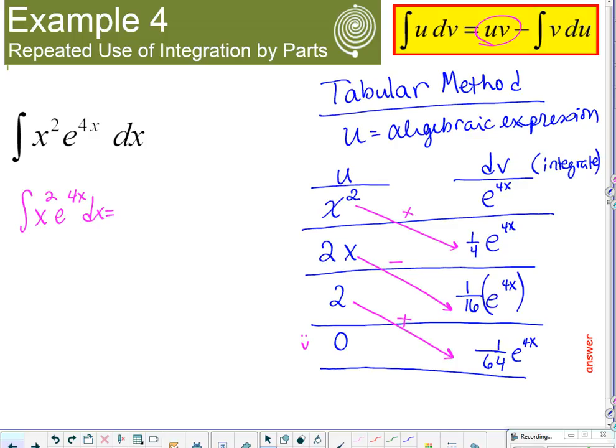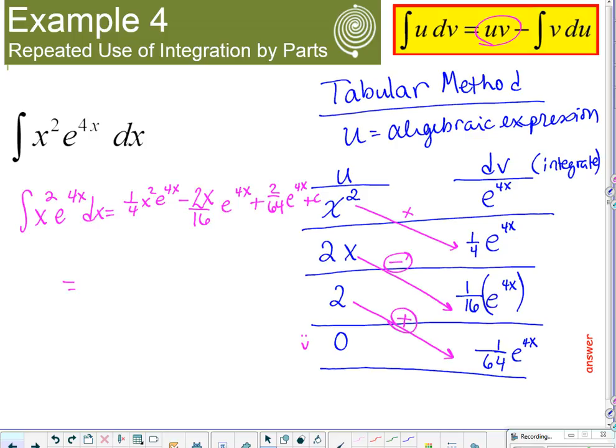This equals 1/4 x squared e to the 4x minus, because I'm picking up this negative, 2x over 16 e to the 4x. Then the next one I multiply by a positive, and I'll have 2 over 64, which I could simplify, e to the 4x plus c.